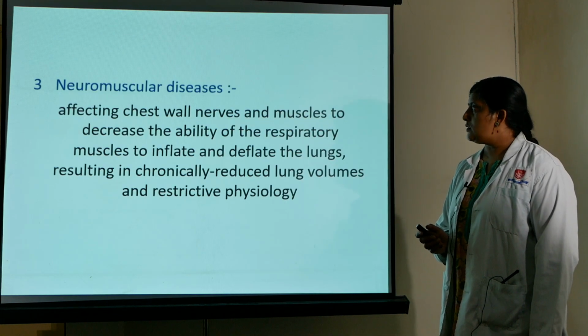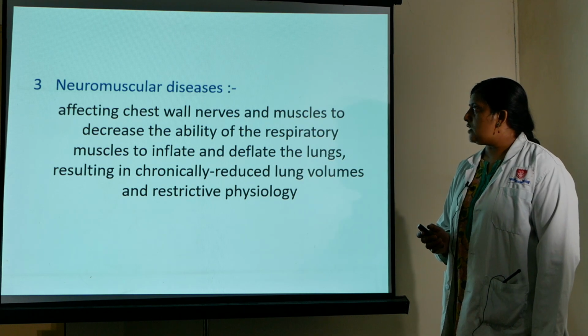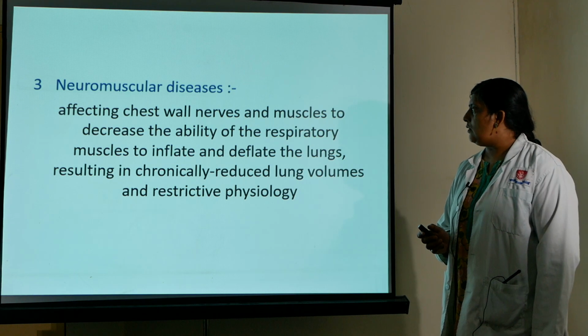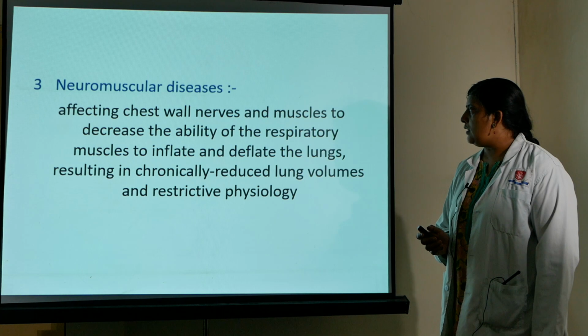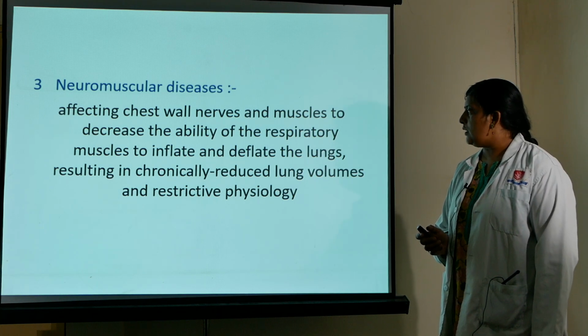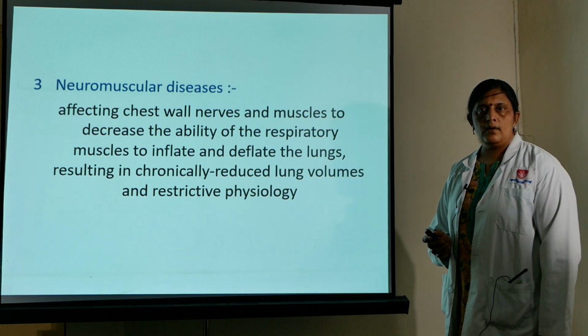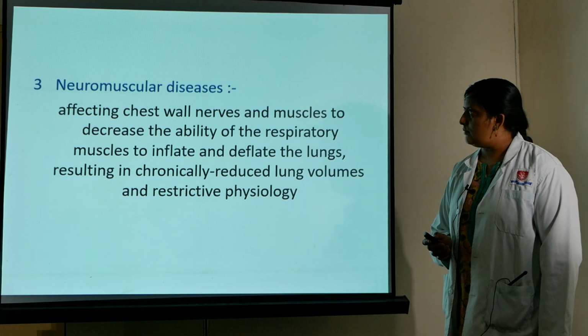Neuromuscular disorders affect chest wall nerves and muscles, decreasing the ability of the respiratory muscles to inflate and deflate the lungs. It results in chronically reduced lung volumes and restrictive physiology.